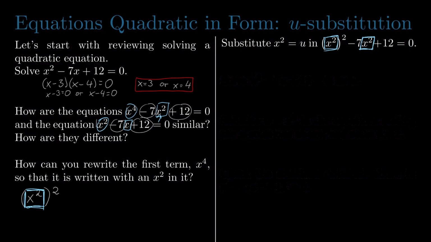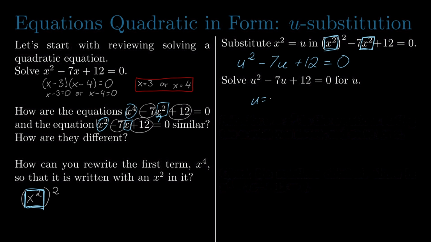So we're going to have u squared minus 7u plus 12 equals 0. So now we can solve that equation for u. We notice that this is pretty much the same equation that we started with, just instead of x we have u, so it's going to have the same solutions as our original equation, but in terms of u. So it will be u = 3 or u = 4.